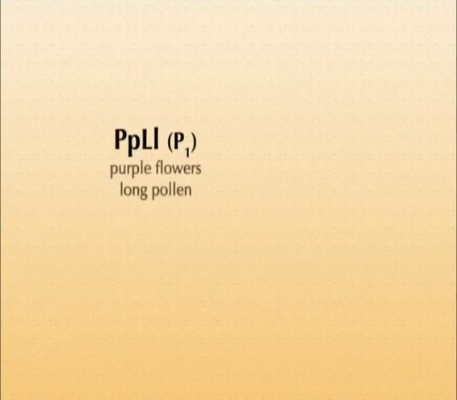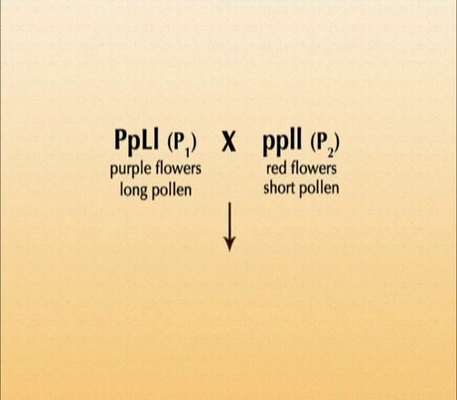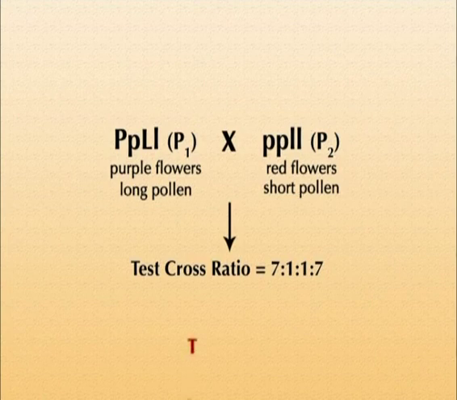Similarly, when F1 plants with purple flowers and long pollen, designated PpLl, were crossed with a homozygous recessive parent with red flowers and round pollen, that is, a test cross was performed, the test cross ratio obtained was 7:1:1:7 instead of the 1:1:1:1 ratio expected in a Mendelian test cross.